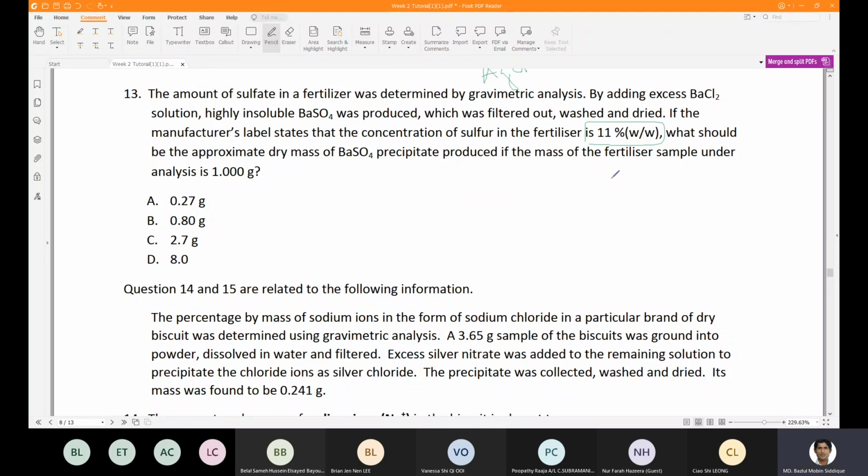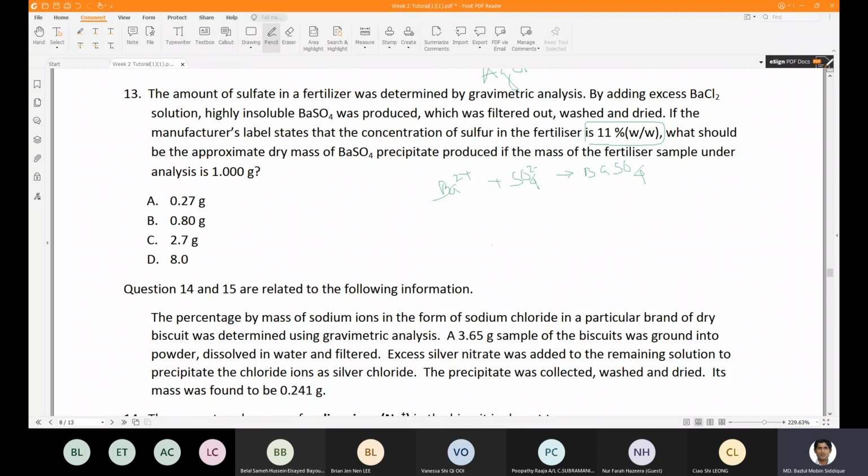Now, how do you solve this one? First, we have to see that barium, let's say 2+, and sulfate 2- are producing barium sulfate. This is how barium sulfate is produced. So they are bivalent.